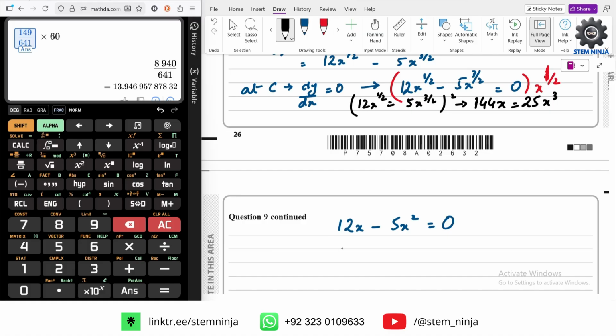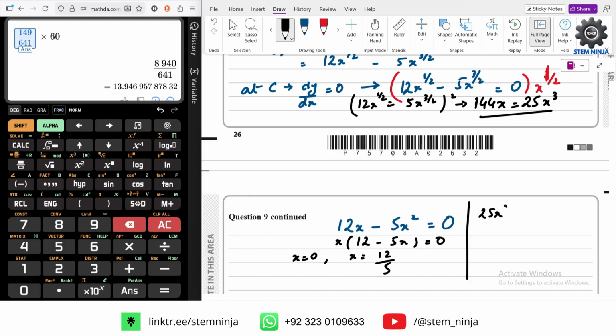So this way you will get x(12 minus 5x) equal to 0. So either x is equal to 0 or x is equal to 12 over 5. But if you go this way, we should be able to get the same answer.